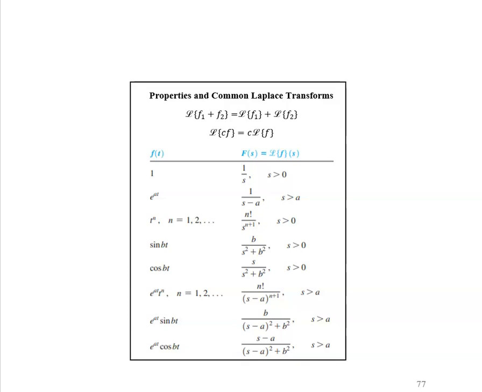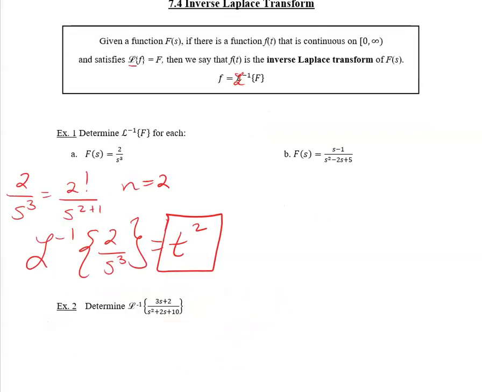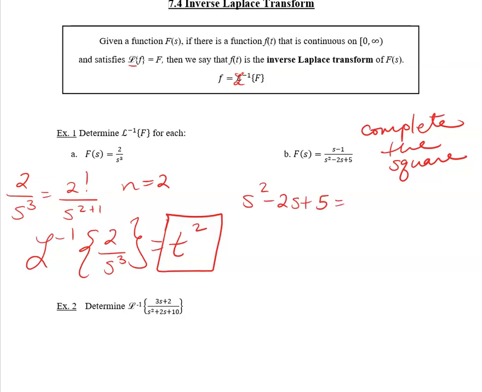So let's try that. Let's complete the square on this denominator. As a reminder, how do we complete the square? Let's make sure we remember how to do that. s squared minus 2s plus 5. Obviously that doesn't factor. Of course, if it does factor, you can break it down, but this does not. So I'm going to complete the square on the 2s. So I've got s squared minus 2s.